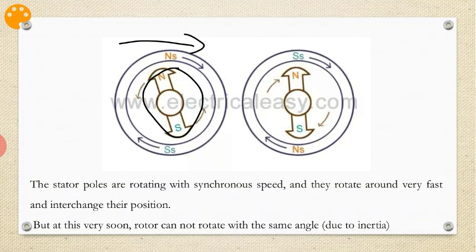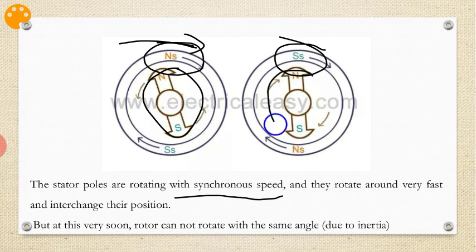The stator poles are rotating at synchronous speed, they rotate very fast and interchange their positions. Every half cycle the poles are interchanged. Here in the first half cycle and the next half cycle, the stator poles are interchanged. Assume two poles here; they interchange, whereas the rotor poles are stationary, they remain in the same position.